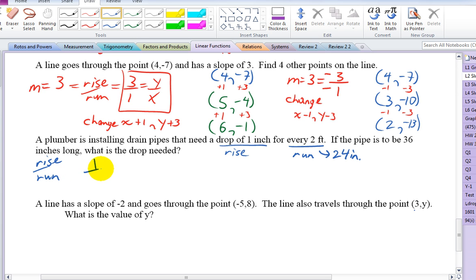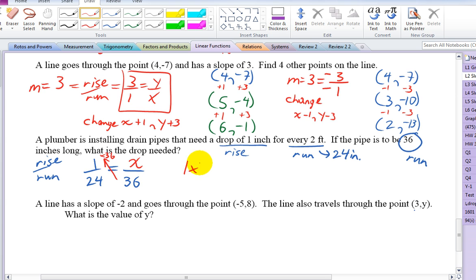Okay. So what we can say then is we have rise over run as our slope, so we have 1 over 24. And 36 inches would be the run, so that would be on the bottom. And we have to figure out x. How much should he drop or go up, depending on which way you start, right? So the math, instead of dividing by 36, what should you do? Bring it up and times by 36.